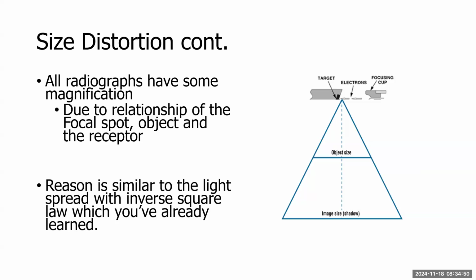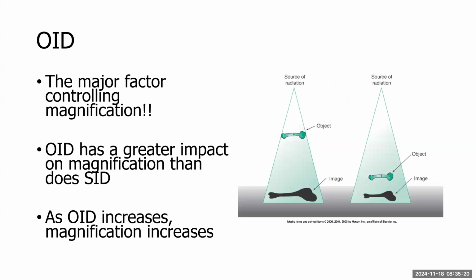The object can't be projected smaller than it actually is. Does that make sense? It's just physically the way the beam is created. It's spreading, right? So your image is always going to have a bit of magnification. Even if we have the part as close to the IR as possible, there's still going to be a little bit. That's what that statement was talking about.